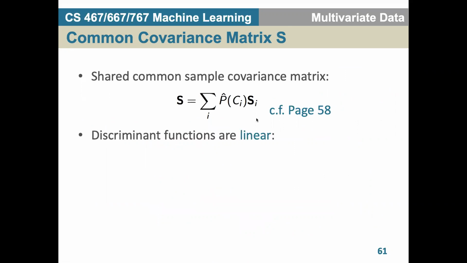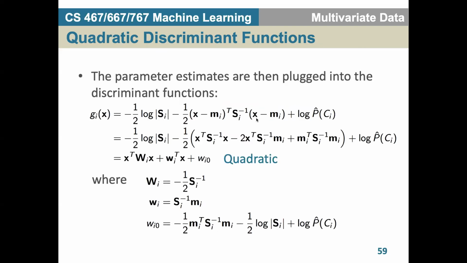That's the same. In that case, the discriminant function will not be quadratic anymore. It will be linear. It's still quadratic, but it's a special case of quadratic, which will be linear. Why? Let's go back to this function again. This is the boundary.